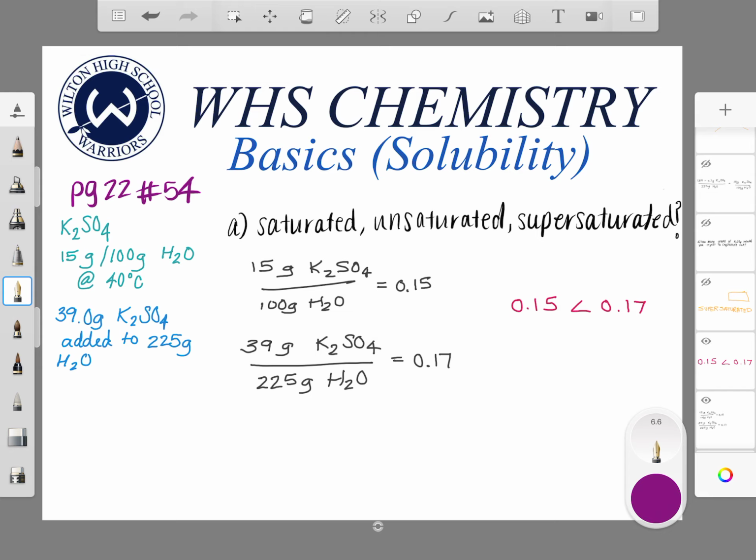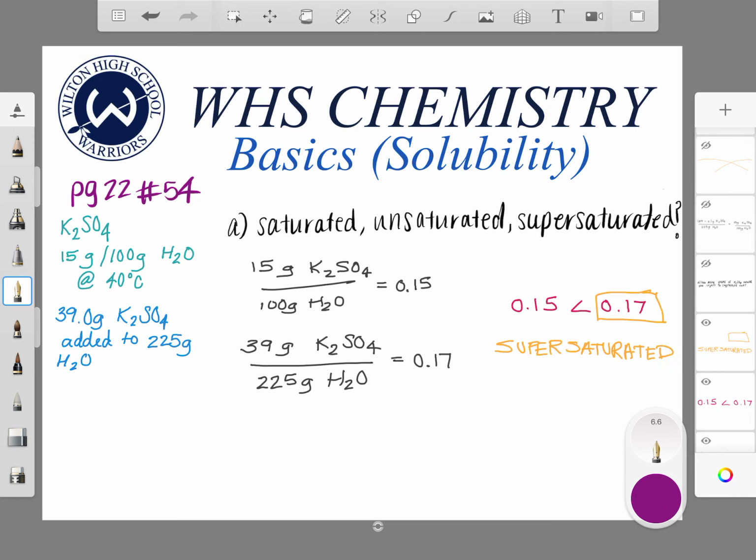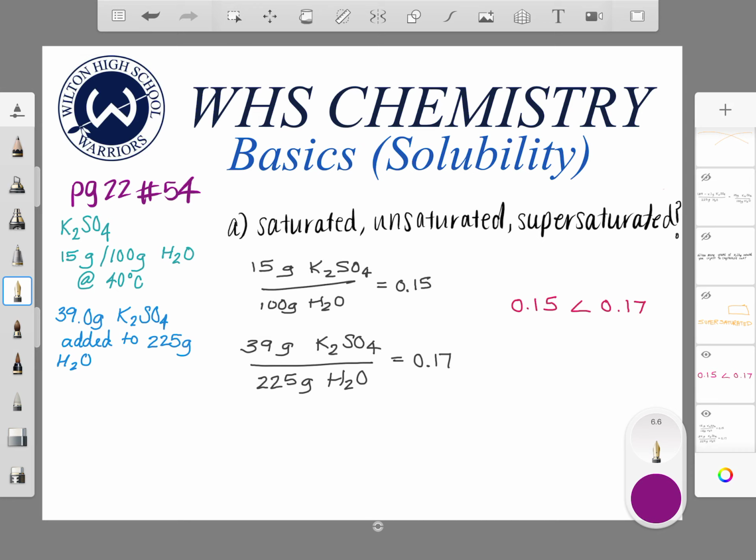And since the 0.17 is greater, that solution is supersaturated, because the number is bigger than the standard solubility.